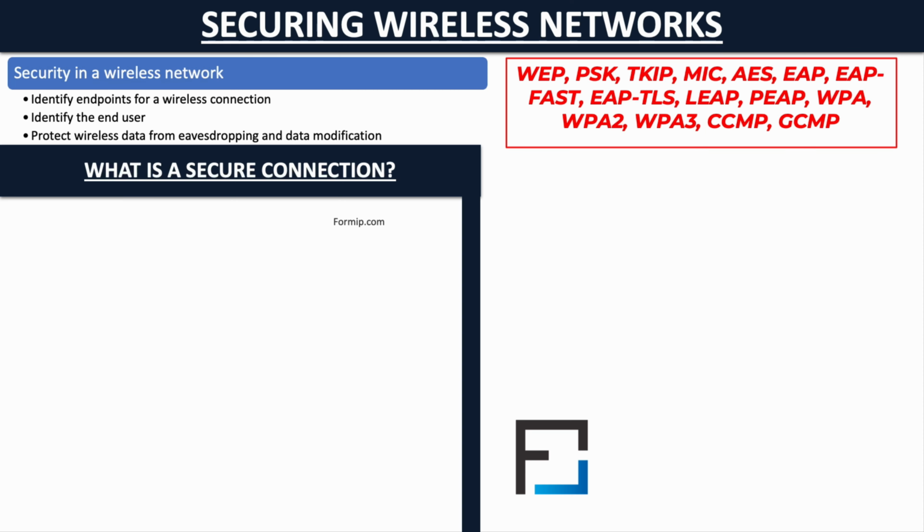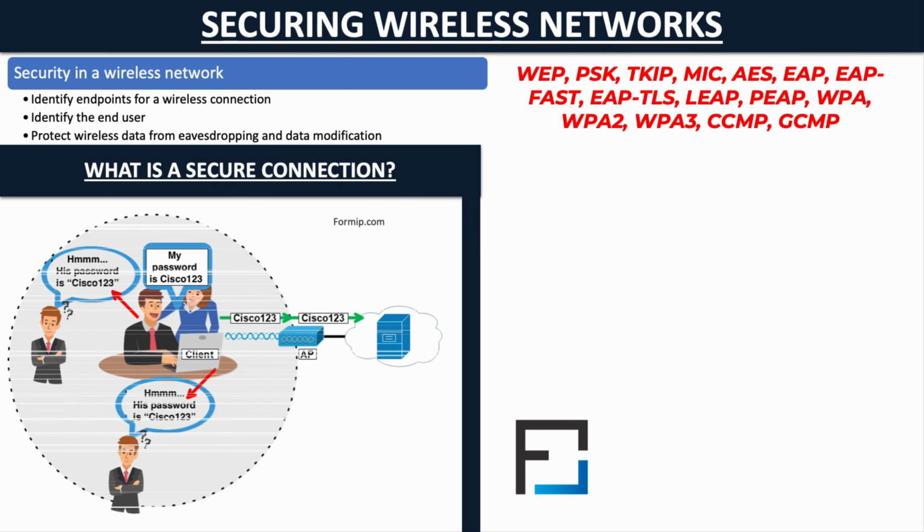What is a secure connection? In previous courses, we have seen how wireless clients form associations with wireless access points, and also how the data was transmitted in both directions. As long as all clients and access points are 802.11 compliant, they can all communicate.